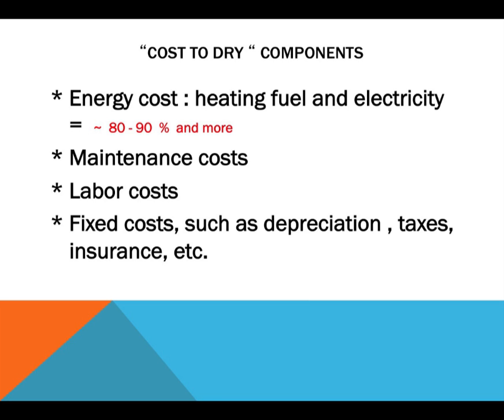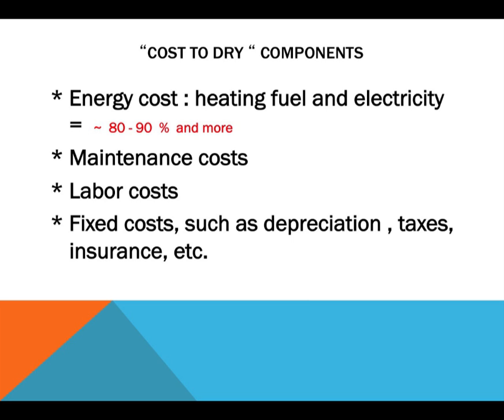Cost to dry components: energy cost, as I mentioned, generally between 80 and 90%, could be more, depending on your fuel. And you'll see I've got some comparisons here between some primary fuel sources. Maintenance costs: if you have a fairly new dryer, the maintenance costs probably are not that high.